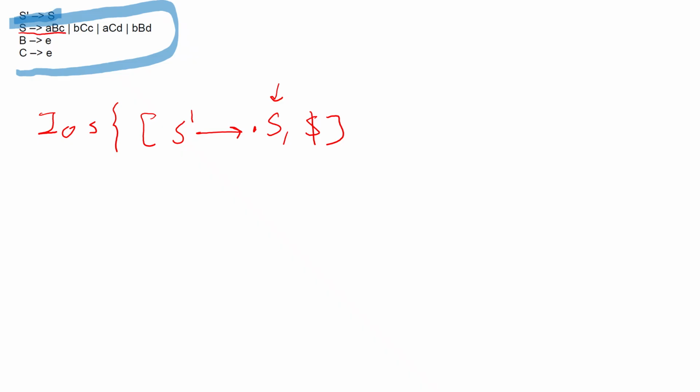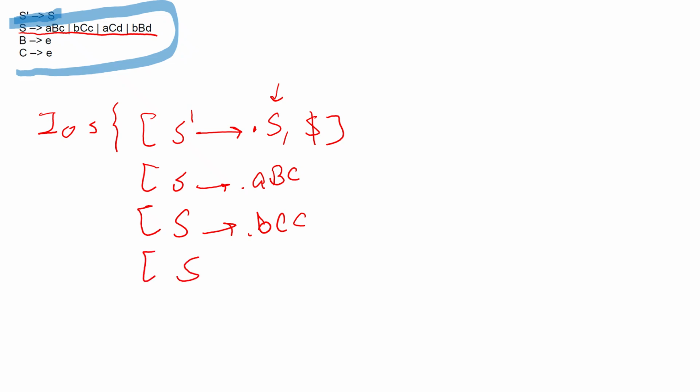So we have 4 of those. We add here all: S goes to dot a b c, again S b c c, again S a c d, and the last one is S a b d.